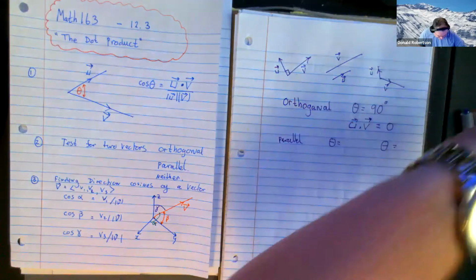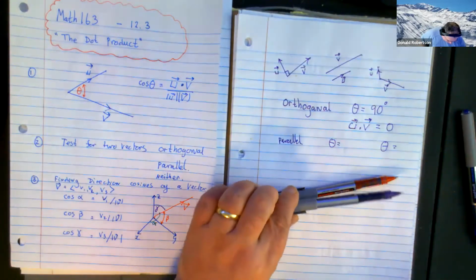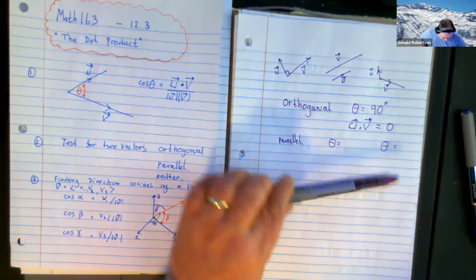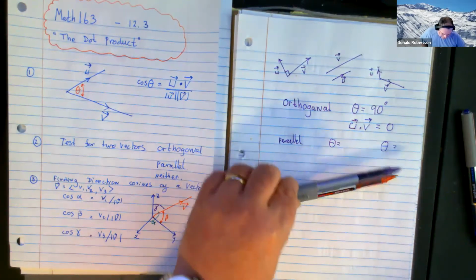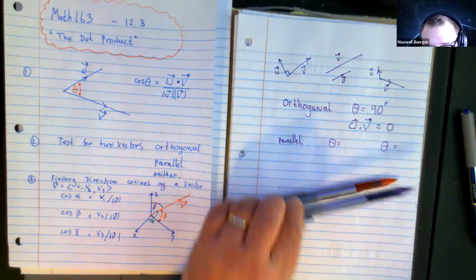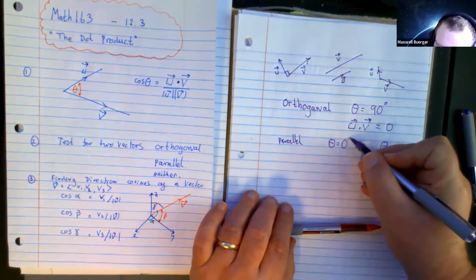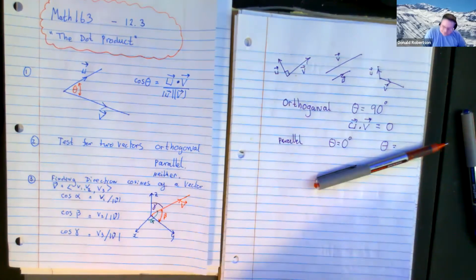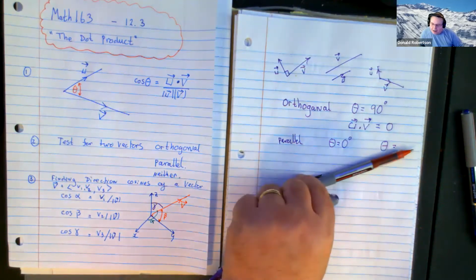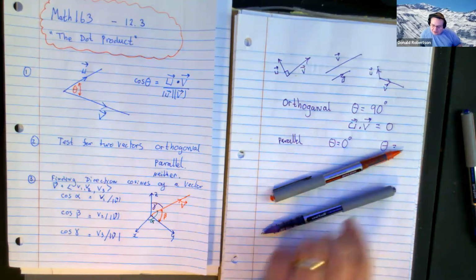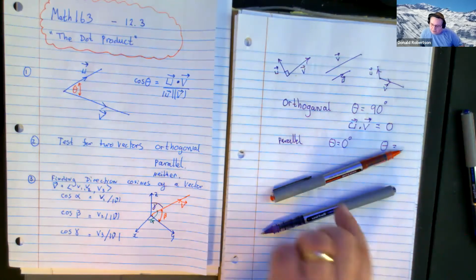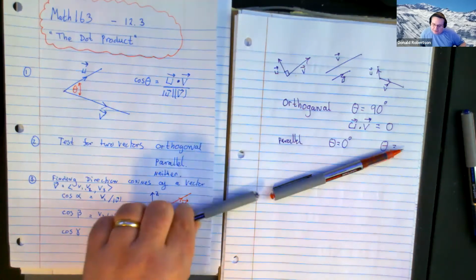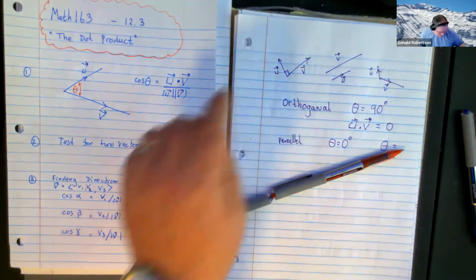If this was my one vector and this was my other vector, and they're parallel, if you put one on top of the other, what would the angle between them be? 0. Yeah, agreed. But there is a second, less obvious possibility. Parallel could also be, imagine the tip of my pen is indicating direction, going this way and the other one's going that way. If you put them together, do you see that they, yeah.